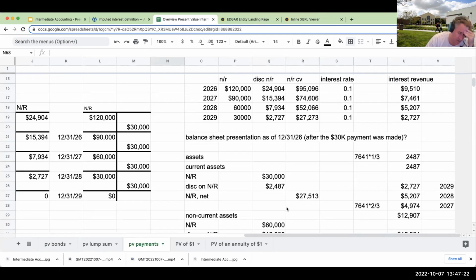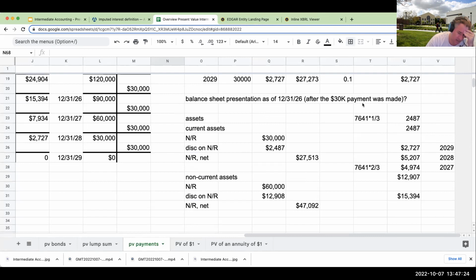And because of the complications of this, if you're taking one of my classes, I probably wouldn't ask this unless you had something on Excel. But that's how you'd have to go through and show it, because you have to bifurcate it, because it's current versus non-current. If this is a liability, it would look the same exact way.